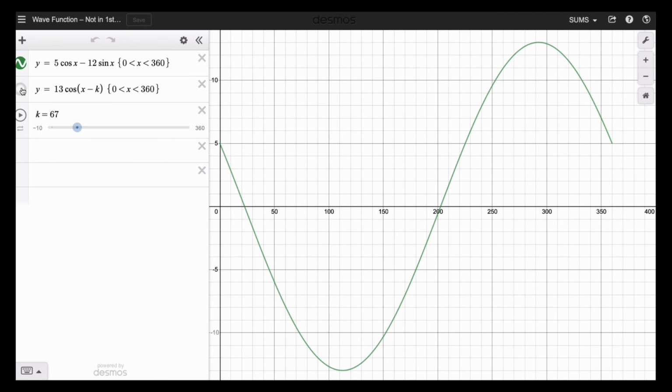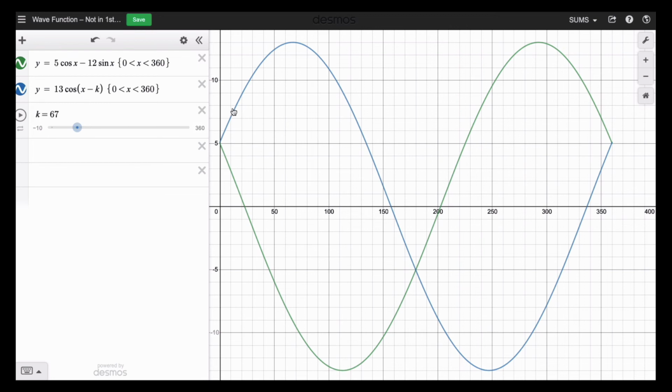Then I've also included this other graph, which is 13 cos(x minus k), where we control k down here between the same period. And what we're seeing is that if we'd used the 67 degrees we'd calculated from alpha, it wouldn't be equal to the graph.